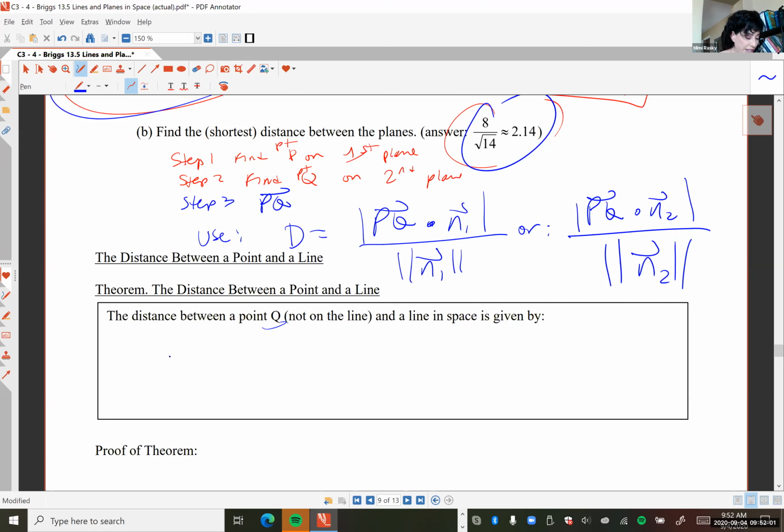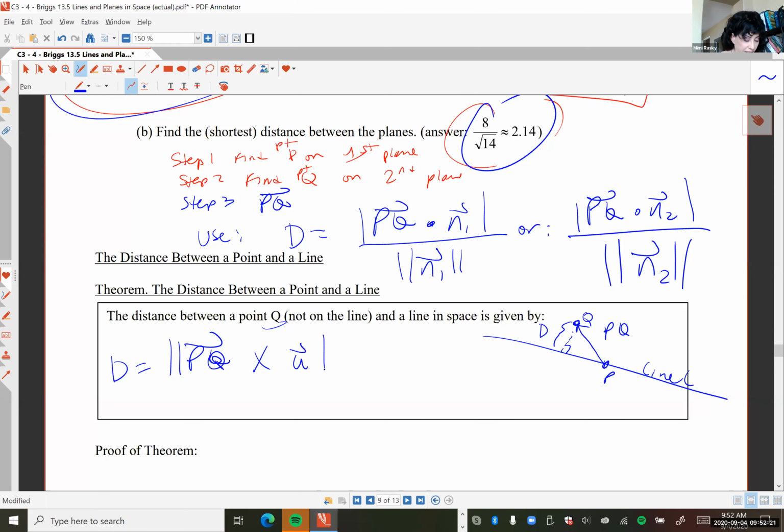Okay, so the answer is going to be, oh, here's a picture. Here's Q, here's a point, here's a line, here's a point P on the line. You're going to form a vector PQ, and then the distance, if I drop a perpendicular, this distance here, D, is going to be found by taking the cross product PQ with a vector.